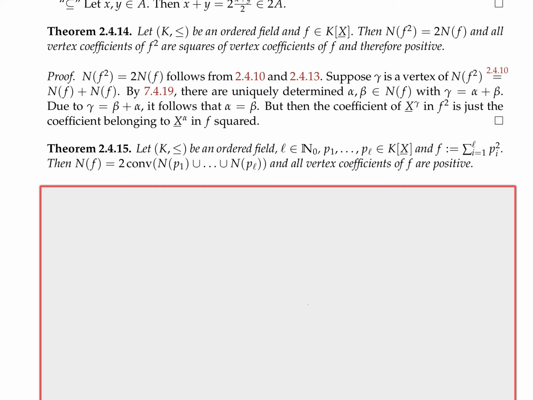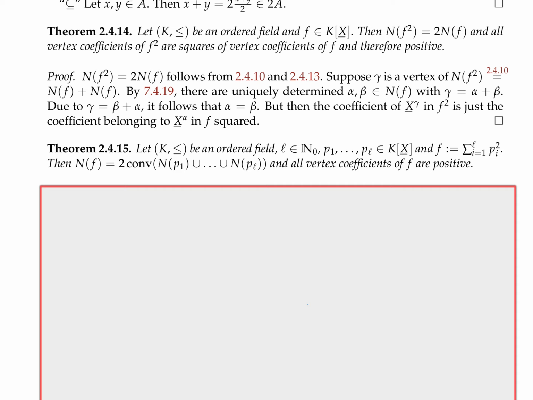If you have a univariate polynomial, for example, over an ordered field, then the degree of this polynomial is 2 times the maximum of degrees, and if you write it as a sum of squares of p_i, then the degree of the polynomial is 2 times the maximum of the degrees of the p_i.